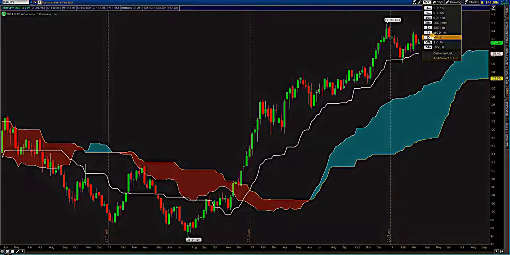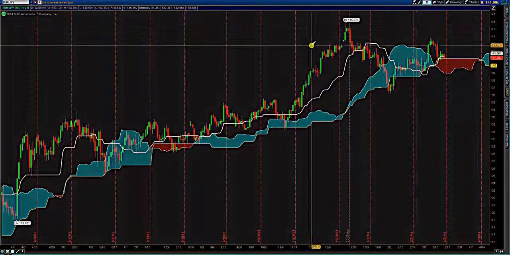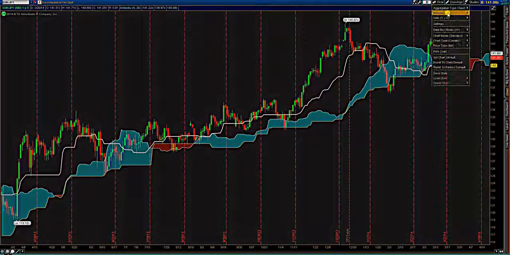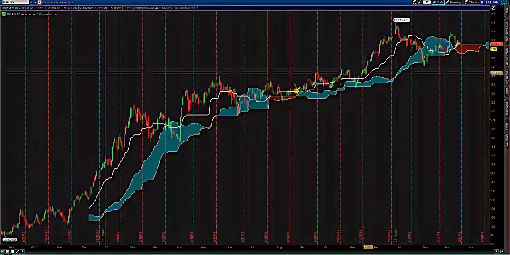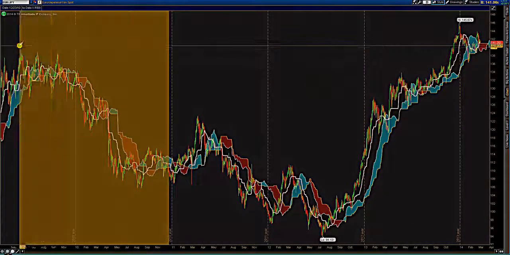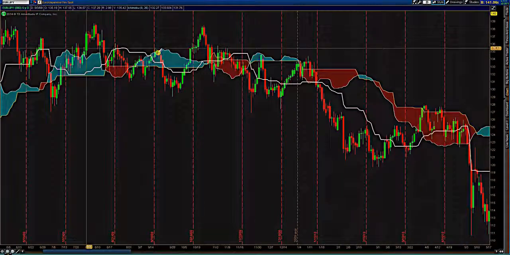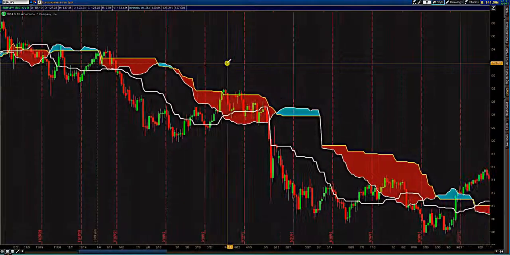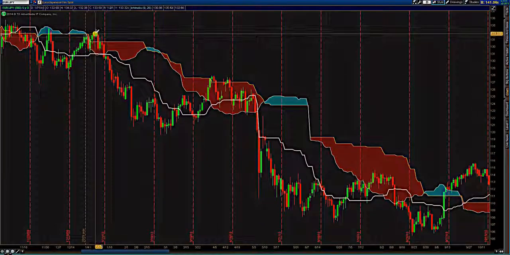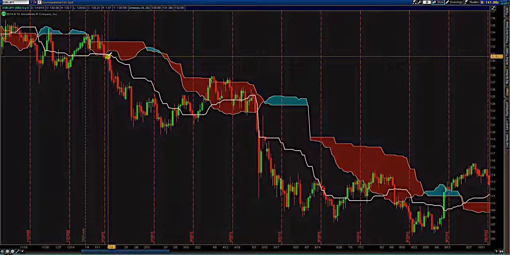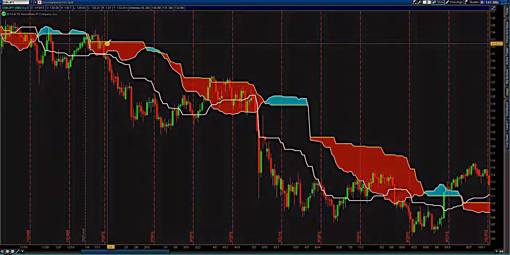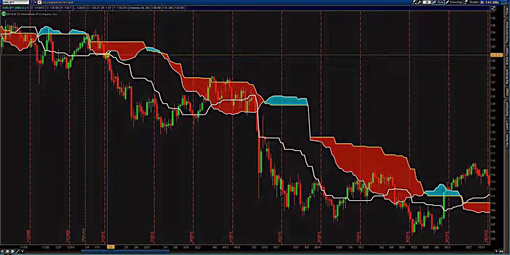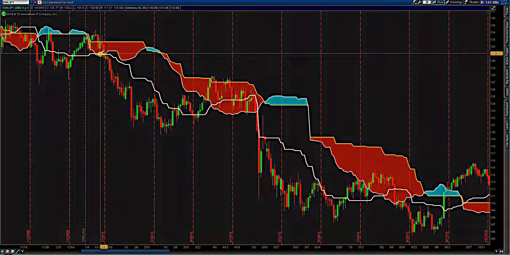Let's take a look at some daily examples. And I'm going to expand the time on the daily to 5 years. Let's see how we could use the Kijun to get in a trade. Now, right off the bat, if you take a look right here, price broke above, came back but below, and at 103.60, we have a bearish cloud, so sentiment is already bearish, and price broke below the Kijun and the cloud.